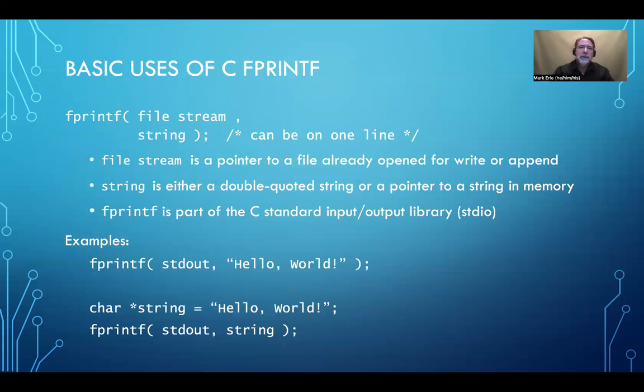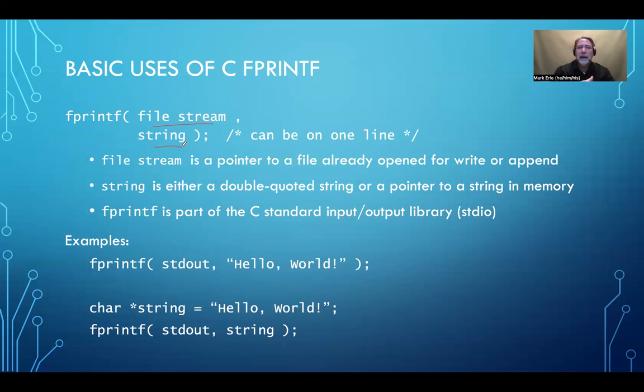So the basic uses of fprintf include, as shown here, a function that you would call in your C program in which you would pass a file stream. This would be a pointer to some file that has already been opened, followed by a string.